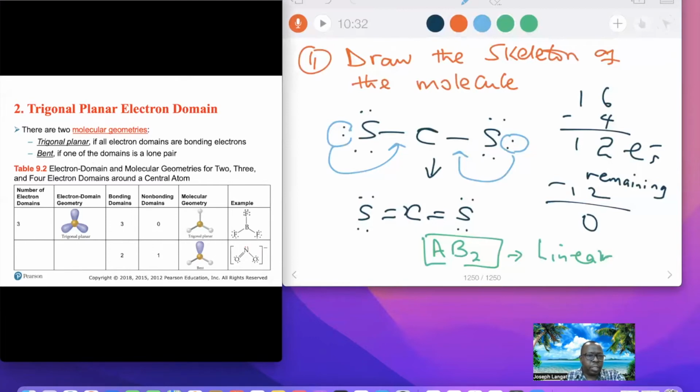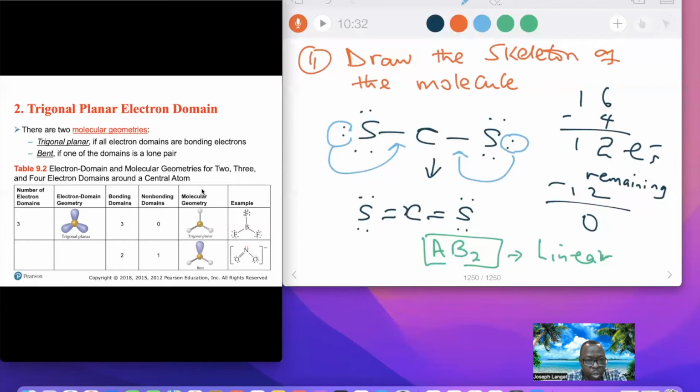For 3 bonding sites, if you look at the electron domain geometry, whether including the lone pairs, you see the lone pairs, 1, 2, 3, there is a lone pair here representing that. But if you look at the domains, we have 3 domains. 1, 2, 3. Trigonal planar.